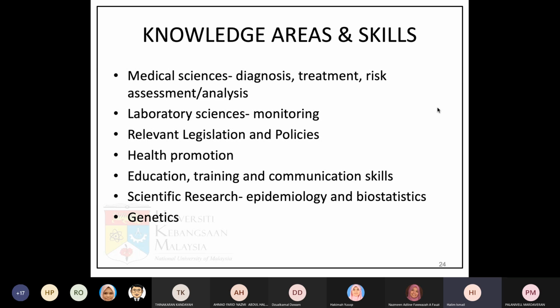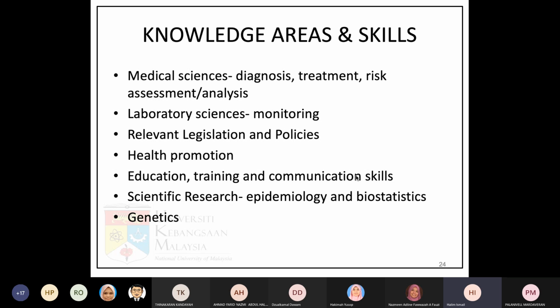You probably are wondering kenapa banyak sangat assignment dan kena buat presentation kan? Nak tertanya tak? Because the aim is to provide you with training and communication skill lah. Tu sebab bila you dekat tempat kerja, you don't really do research kan. You basically just kerja je kan.